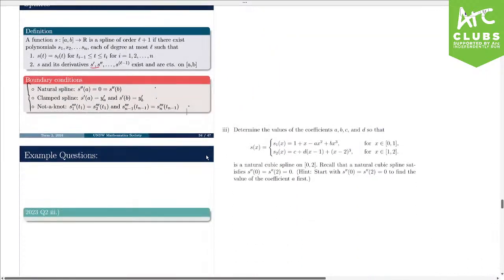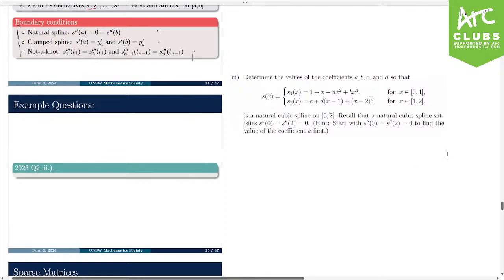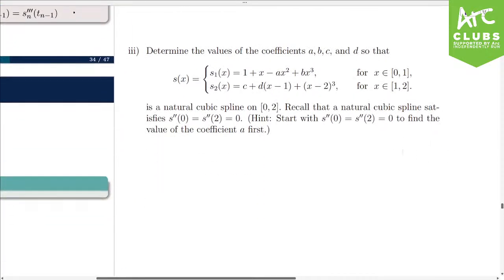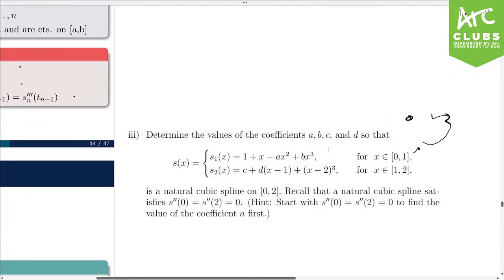Okay, we have an example question from 2023. So we have a cubic spline, a natural cubic spline on [0, 2]. So we have 3 points here, 0, 1, and 2. And we want to solve for all of these coefficients.